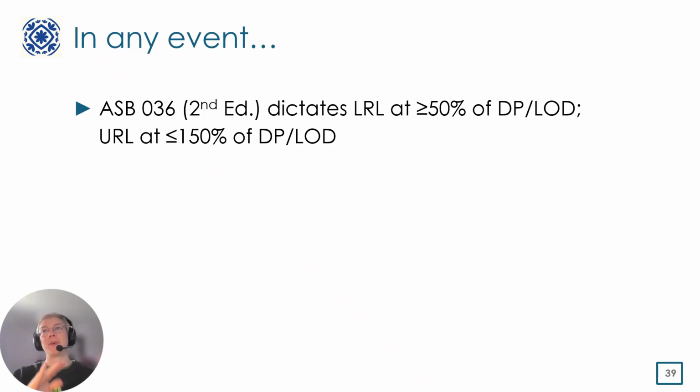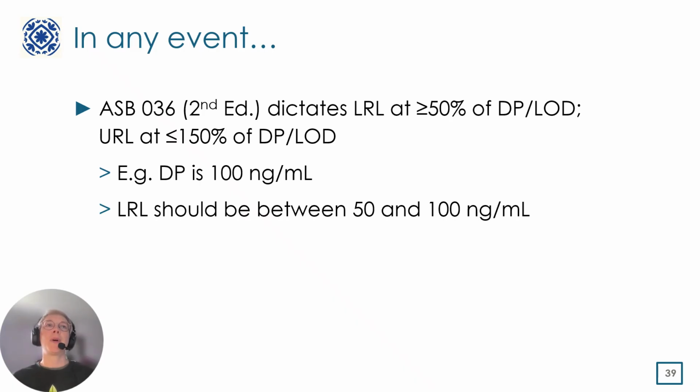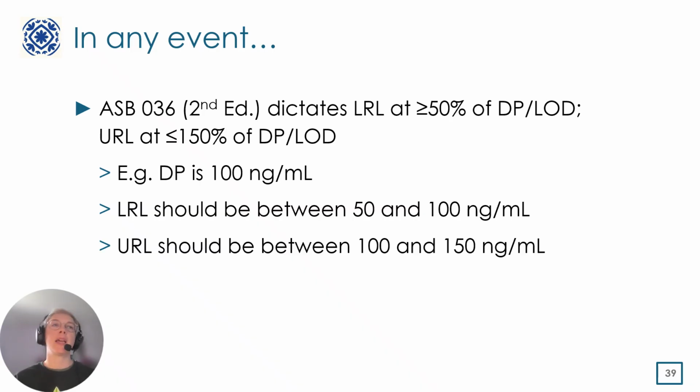And, by symmetry, upper limit should be at 150% or lower of the decision point. So what this means is, for example, if my decision point is 100 nanograms per ml, the lower limit should be somewhere between 50 and 100 nanograms per ml, and by symmetry, upper limit should be somewhere between 100 and 150 nanograms per ml.